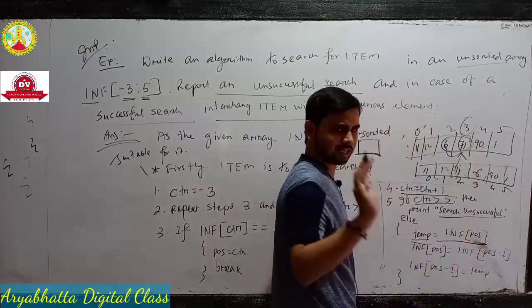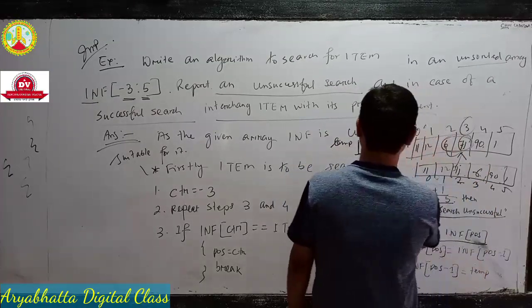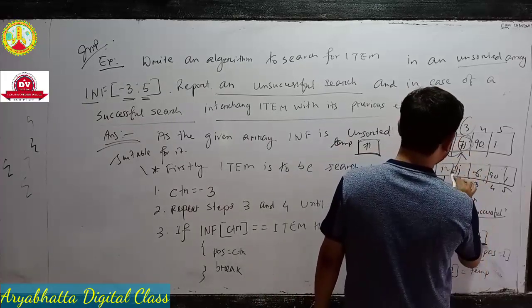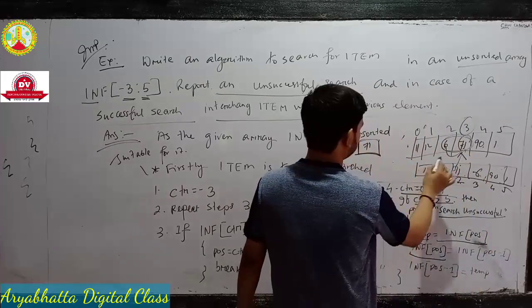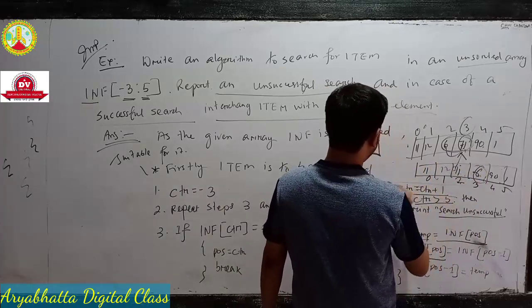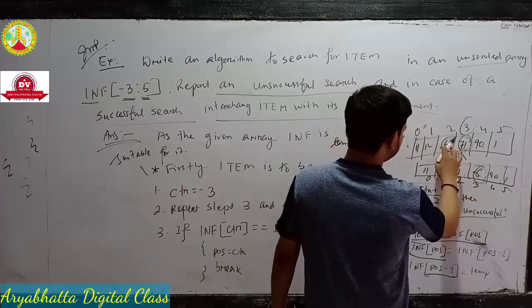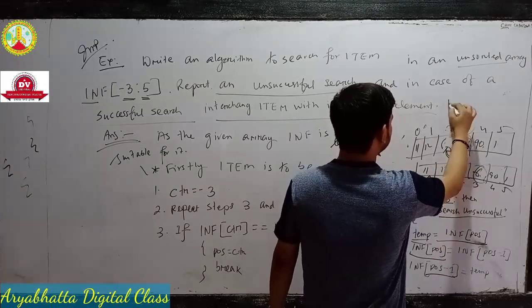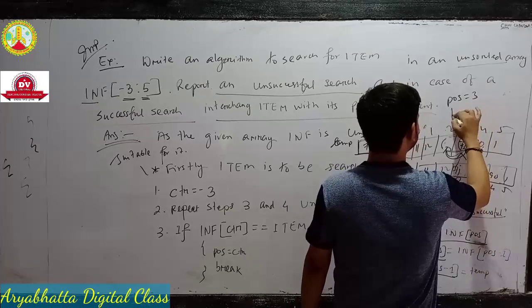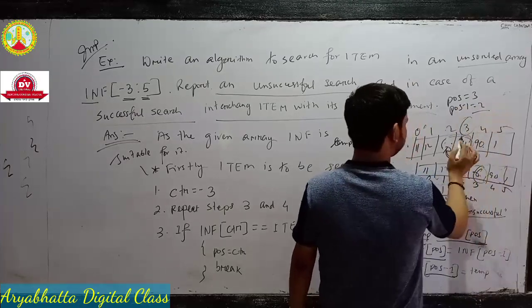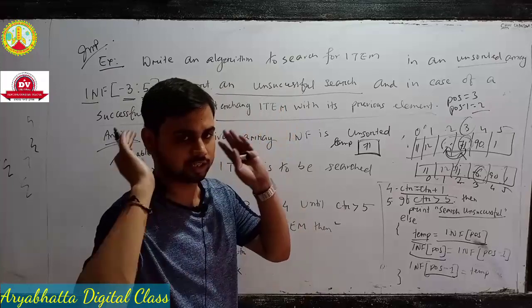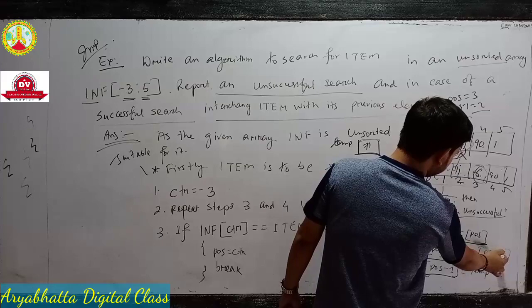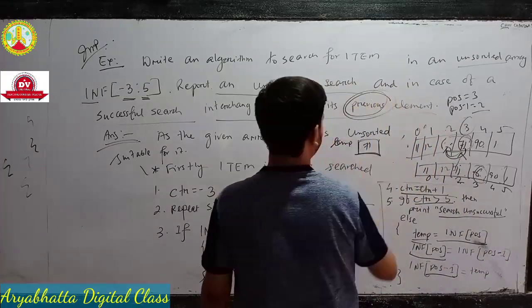Suppose 71, just an example, okay? 71 will be stored in a temporary variable, and 6 at position minus 1 goes to the required position, and position minus 1 will be blank, and 71 will come there. POS is equal to 3 in this case and POS minus 1 is equal to 2 in this case, okay? I hope you understood, just think logically, right? It is exchanging, POS minus 1 means the previous element, okay?